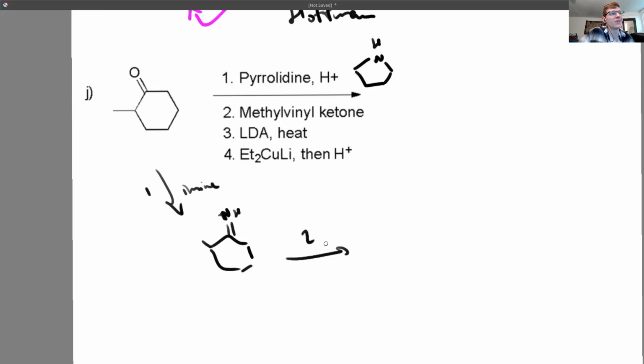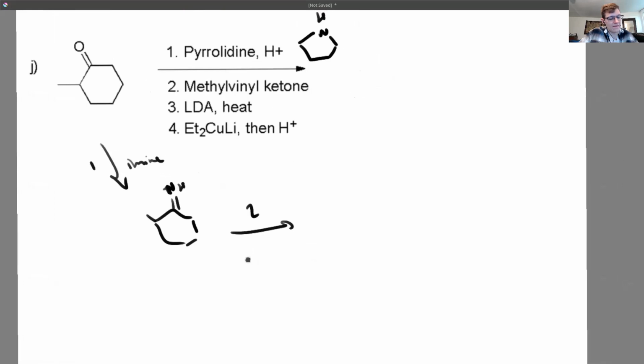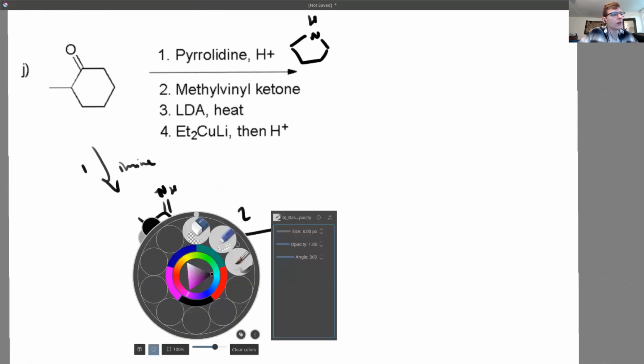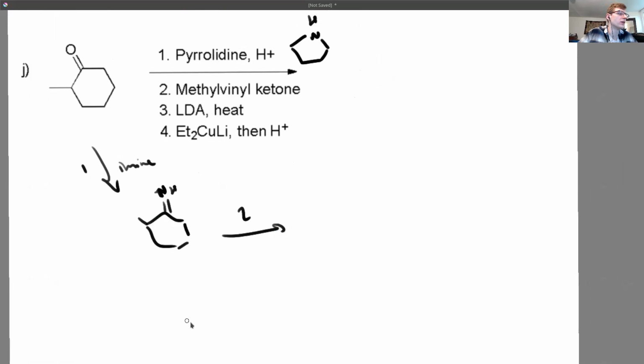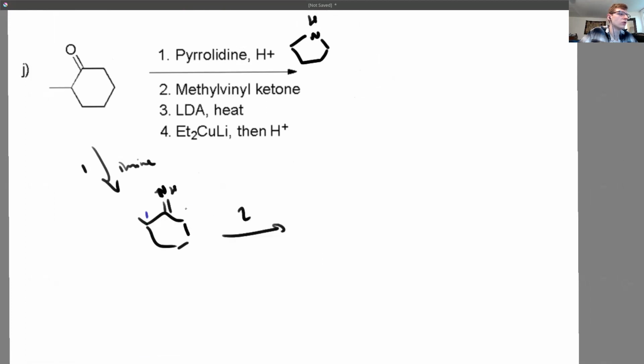Step two, methyl vinyl ketone. Oh boy, what reaction are we doing now? It's going to add to what would be our alpha carbon. And which of these is it? Is it one or is it two?